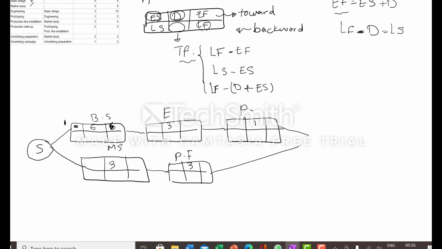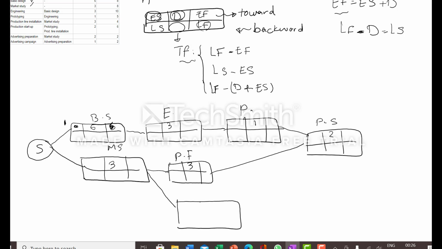For starting the activity production startup, both activities prototyping and production line installation should be finished, and the duration is 2 months. And market study is predecessor for advertising preparation.